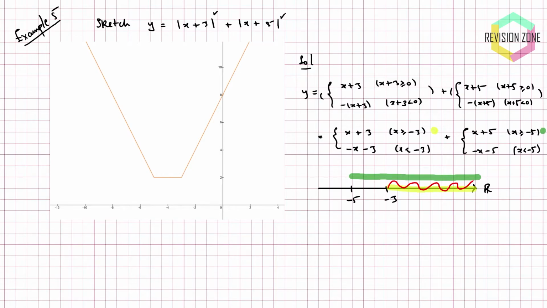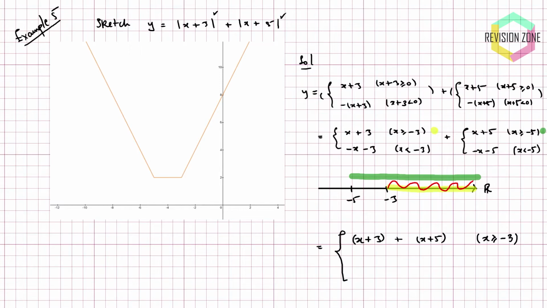Which means I can come back and say, for my full answer, I'm going to have (x plus 3) plus (x plus 5). Let me put brackets around here. And that's going to be true for when x is bigger than or equal to minus 3, right?